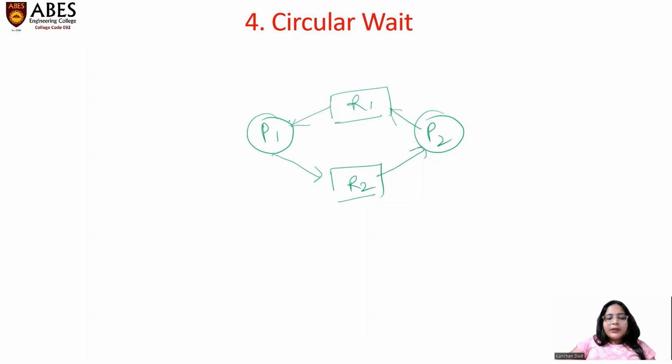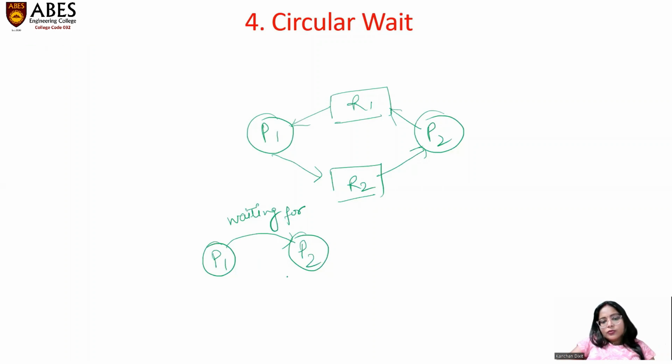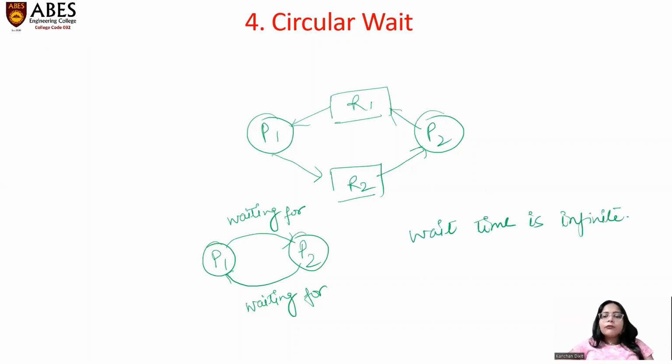If we make a rough graph, P1 is waiting for the completion of P2, and P2 is waiting for the completion of P1. So circularly, two processes are in a wait. This is never going to end. The wait time is infinite. So this is the last condition of deadlock.